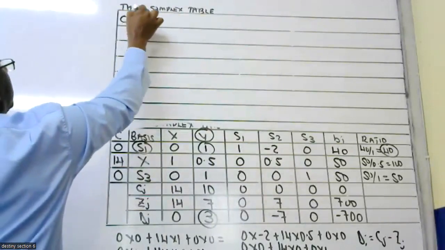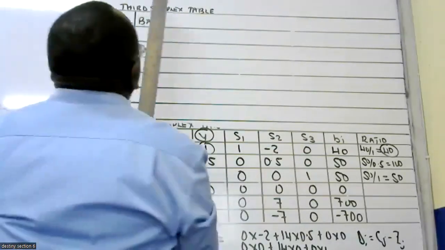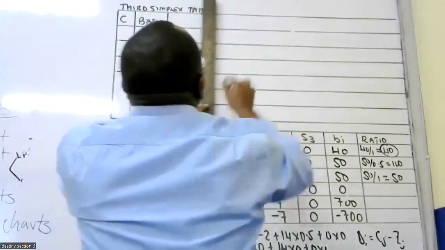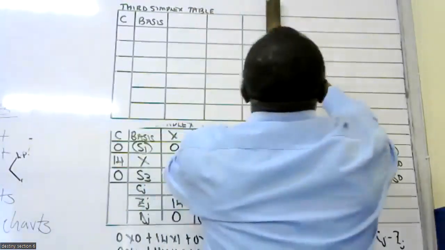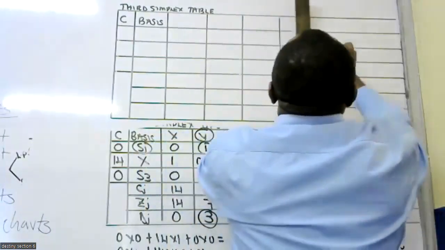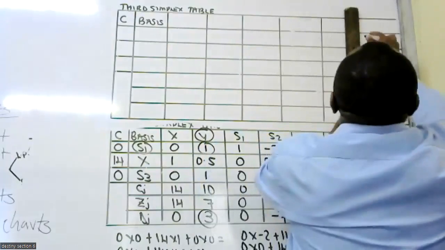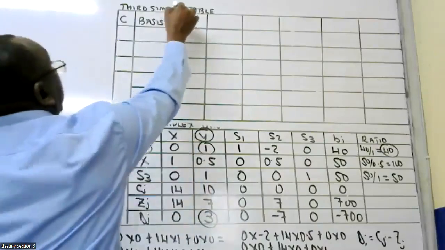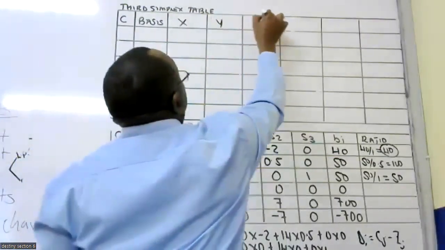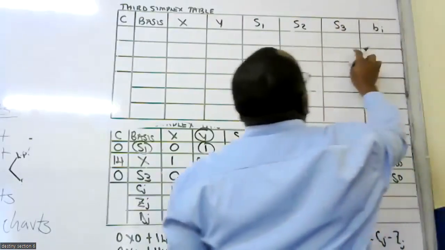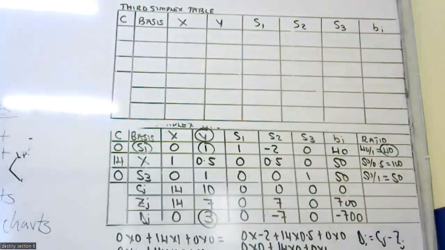So this is C, this is basis, so this is X, this is Y, this is S1, this is S2, S3, and BI. I don't think we shall need the ratio, but okay.